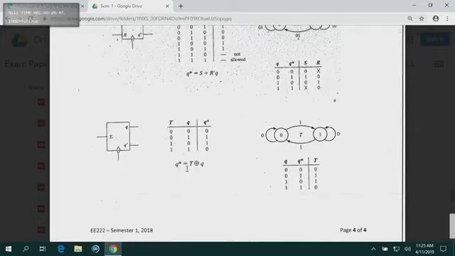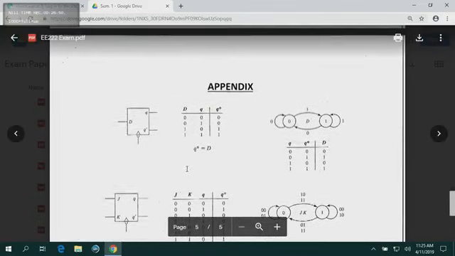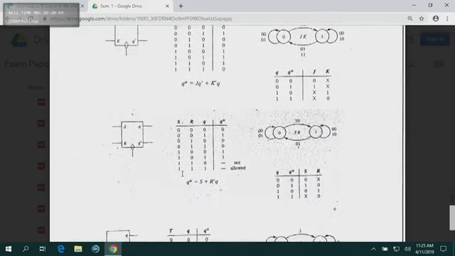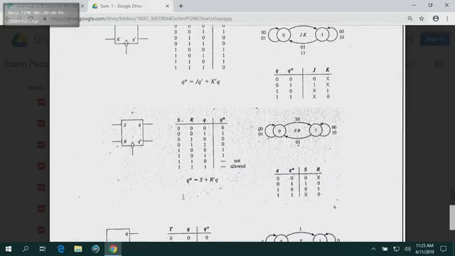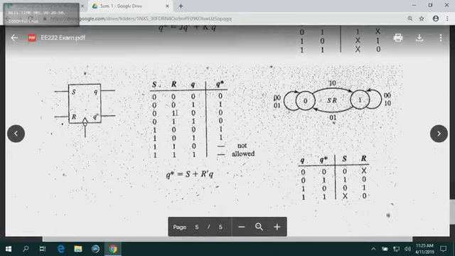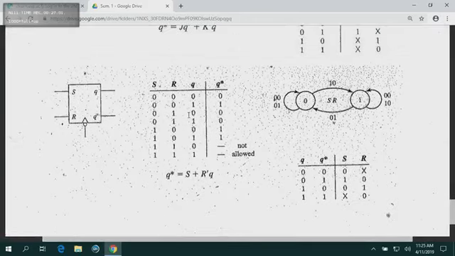Now the key point is this, guys, these tables. Can you see this table here? The table over here in the middle is the characteristic table, like what we've done in our notes.